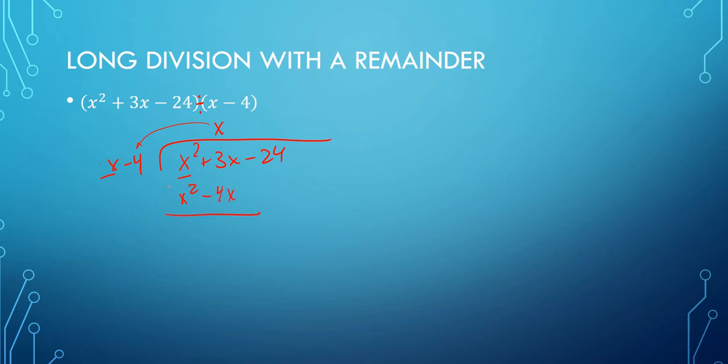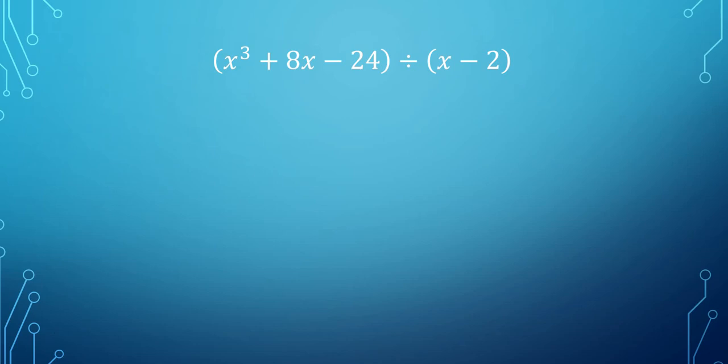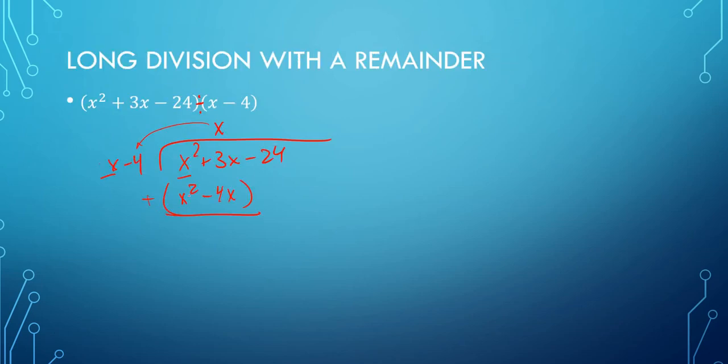X times -4 is -4x. Subtract everything. It might be a good idea to change that to addition and change your signs inside. X squared minus x squared is 0. 3x plus 4x is 7x. Bring down the next piece.